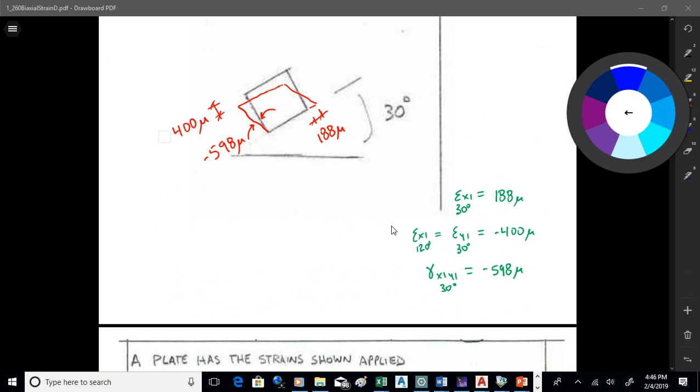It's going to shorten in the y direction because it's negative 400 times 10 to the minus 6. And then that lower left-hand angle will get bigger by 598 times 10 to the minus 6 radians. That's a schematic. It's drawn that way so you can dimension it.